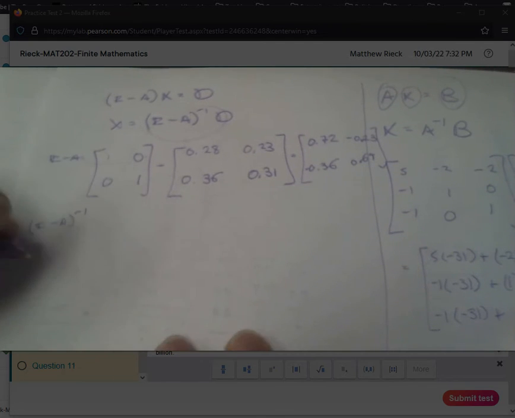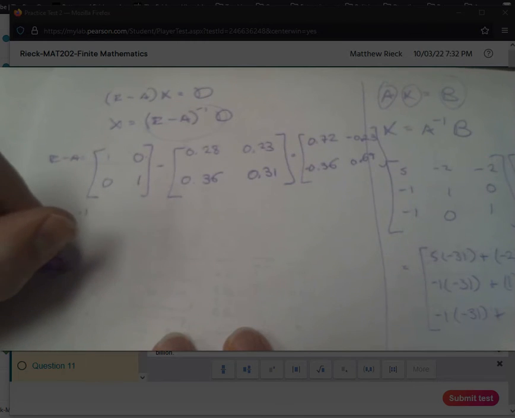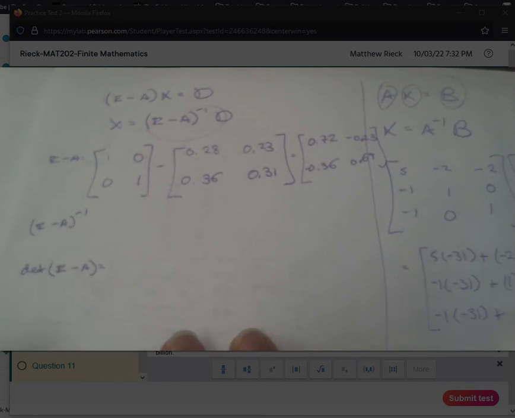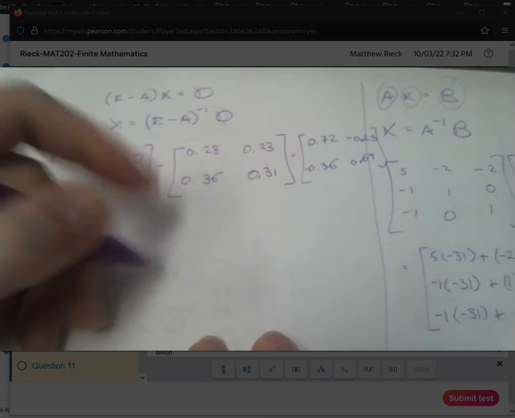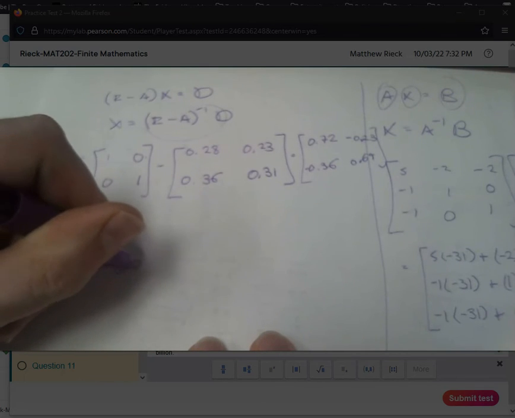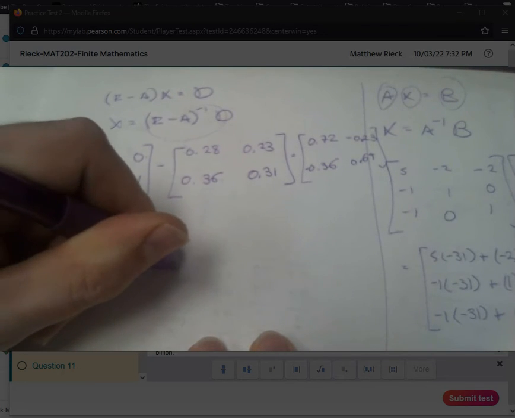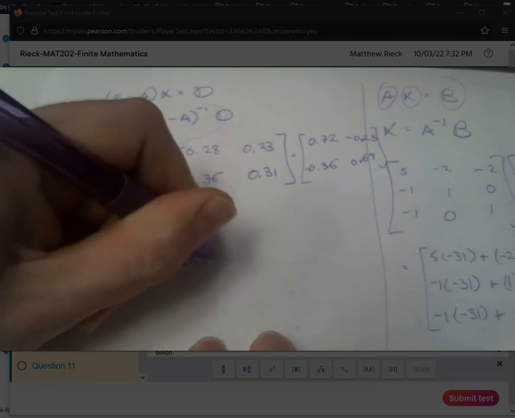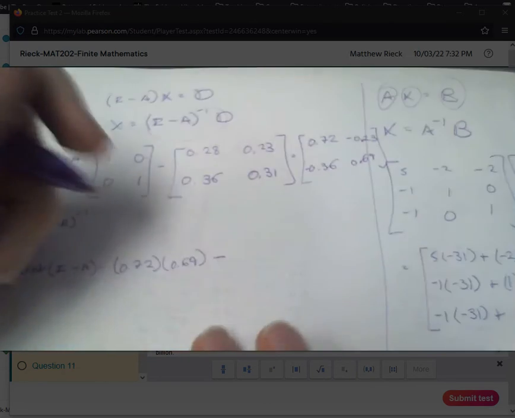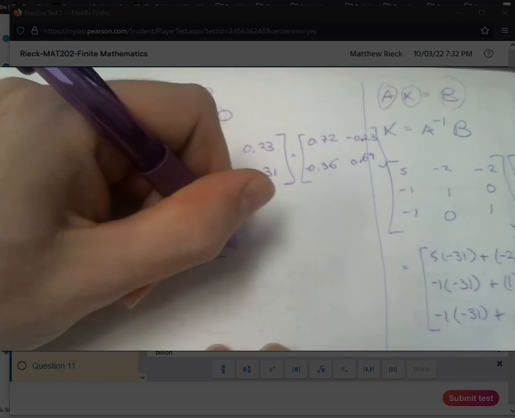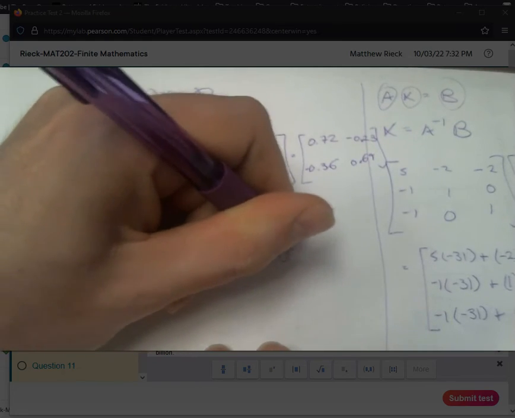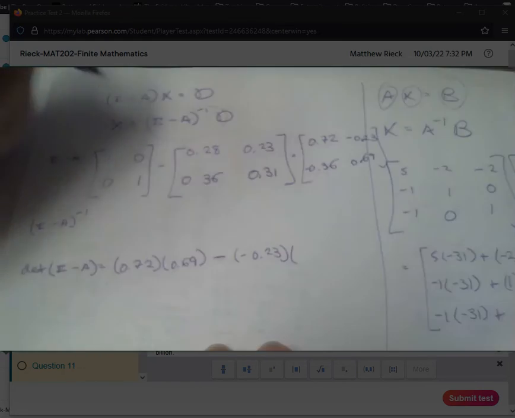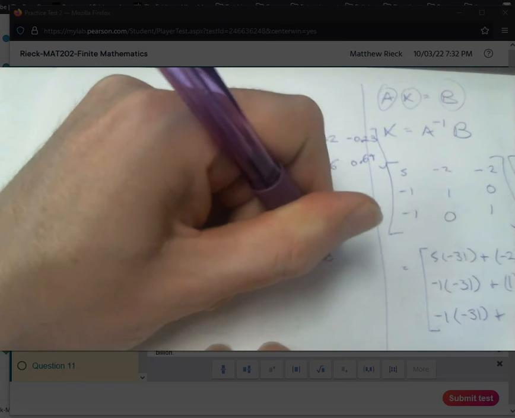So the first step here is I need to figure out the determinant of my matrix I minus A. The determinant is going to be what I get when I take the product of the main diagonal entries minus the product of my secondary diagonal entries. So you have negative 0.23 and negative 0.36.